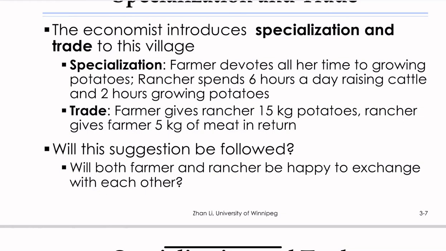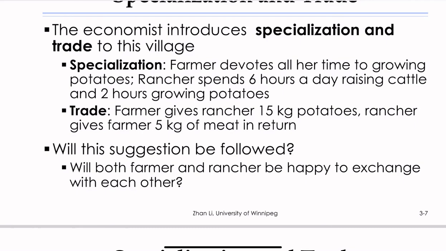That is, the farmer will give the rancher 15 kilograms of potatoes in exchange for 5 kilograms of meat from the rancher. Now let's see, will the rancher and the farmer be happier with this kind of suggestion?